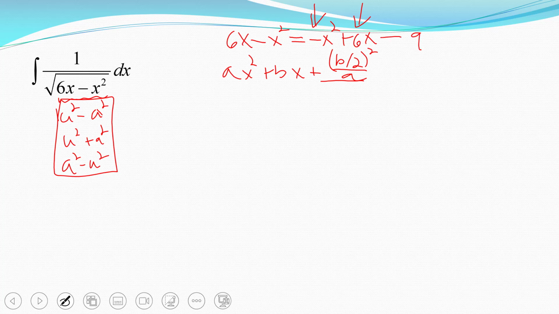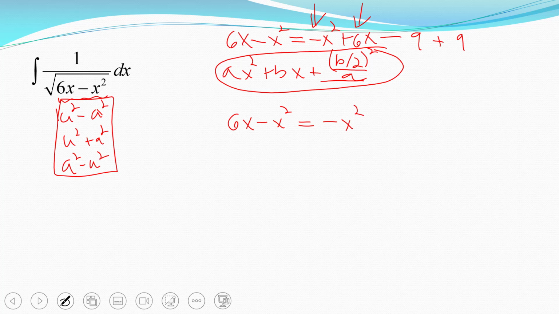But I can't just do that. I can't just say that those are equal, because they're not. One is off by -9 of the other. So if I subtract 9, I have to balance it, and I'll add 9. Based upon this fact, 6x minus x squared is really negative x squared plus 6x minus 9 plus 9.